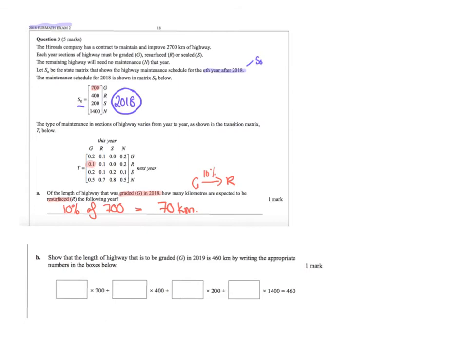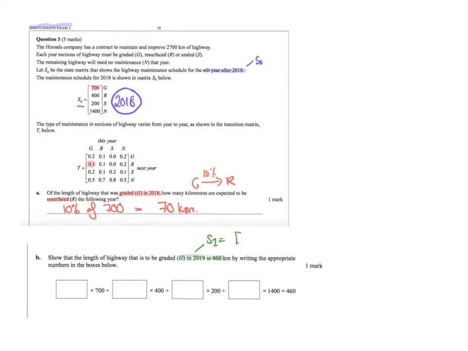Now, in this next question, it says, show that the length of the highway that is graded in 2019 is 460. Write in the appropriate things. So, obviously, 2019 is S1.